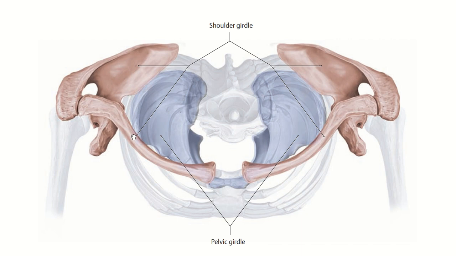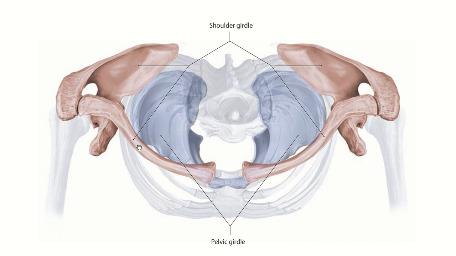So like I said, the clavicle is divided into thirds. For the purpose of this lecture, we're going to divide it into three thirds: a medial third, middle third, and lateral third. So take note of this.